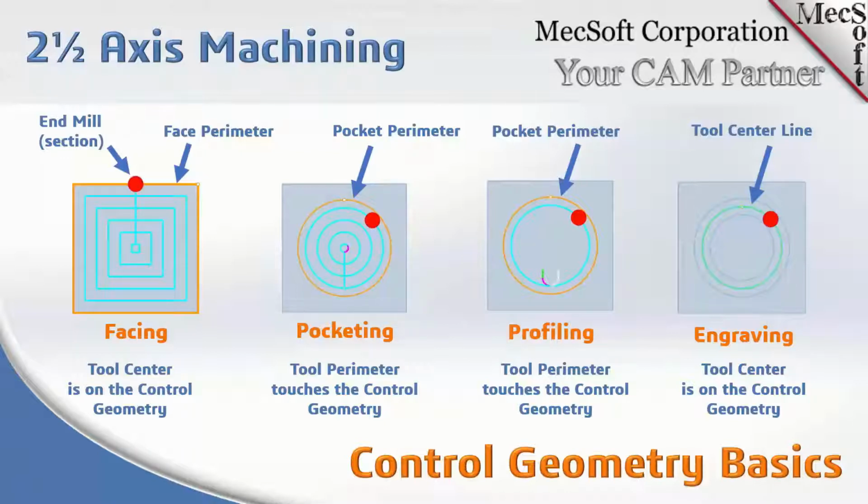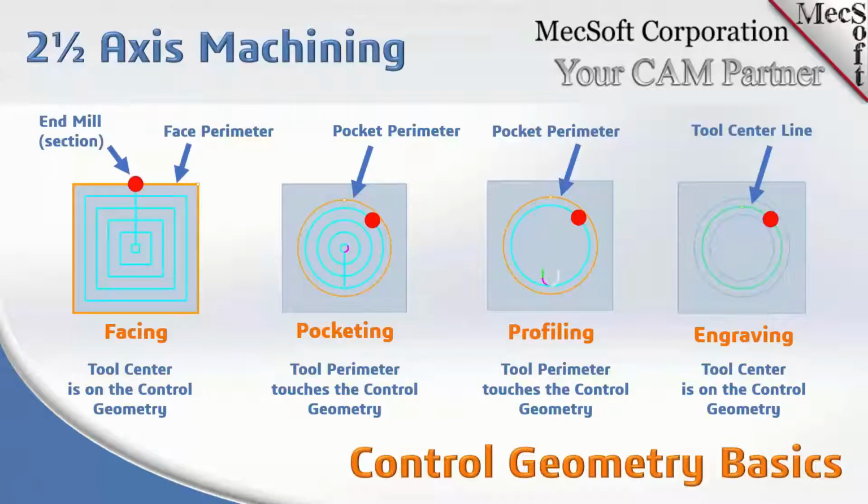Now, all the way to the right, which is a very versatile operation, you really should get to know your engraving operation. In engraving, the center and the tip of the tool will follow your control geometry wherever it goes. If that control geometry is tapered, or it's a 3D curve, you can use 2.5 axis engraving to follow that curve.